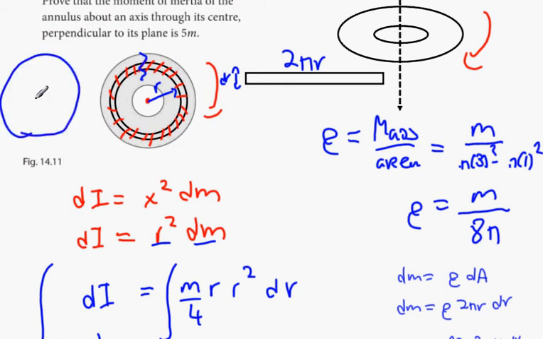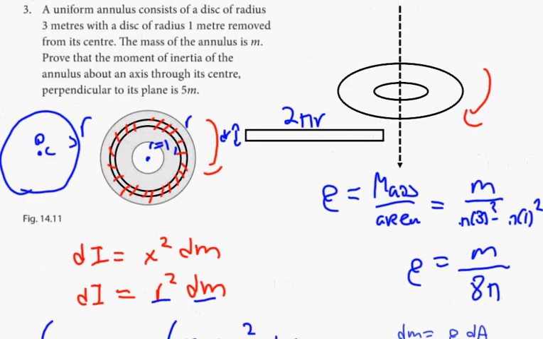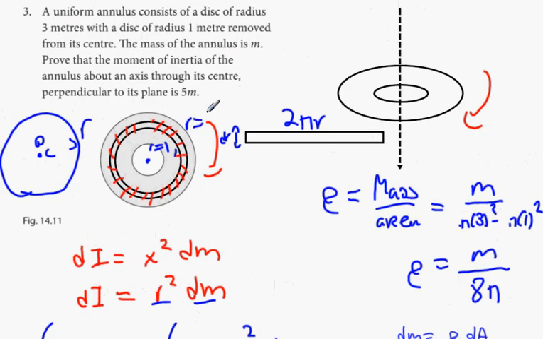If it was a full circle, it's just 0 to whatever your radius is, like the proof. But in this question, it doesn't go right back to 0, does it? It starts off at radius 1 and it ends at radius 3. This makes the limits 3 and 1.